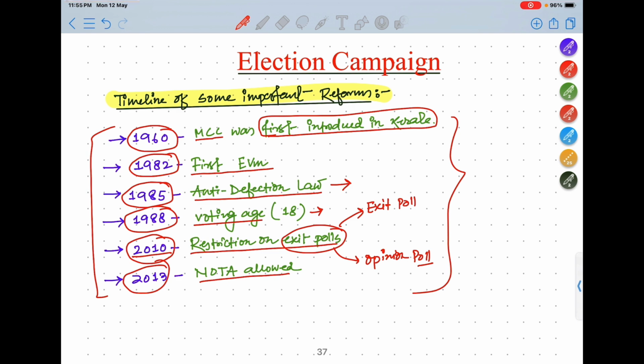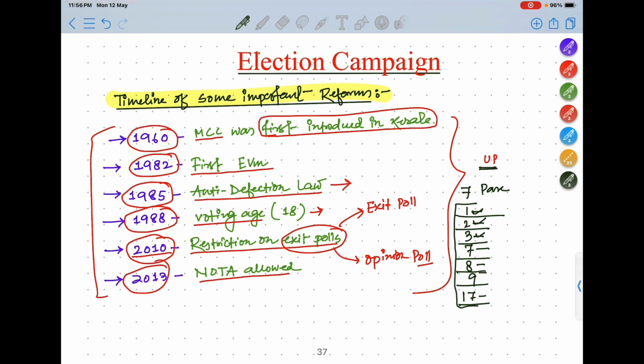An exit poll is conducted after completion of an election in a place. Suppose in the state of UP there will be a total of 7 phases of election. These are the different phases, on different dates. They have divided the entire state into different zones, and in the different zones the election is held on different dates.